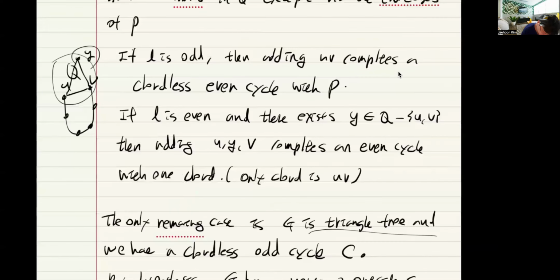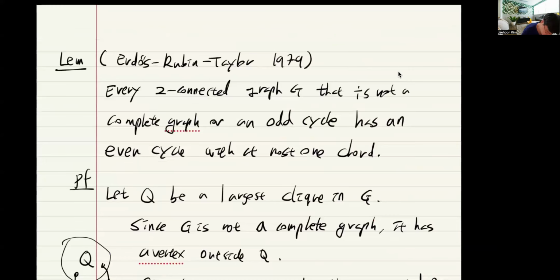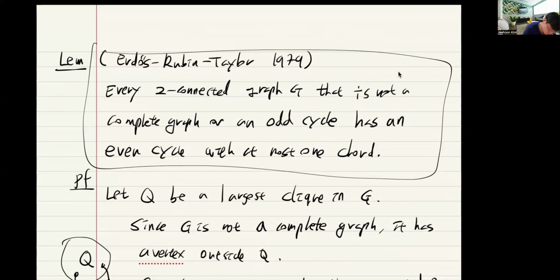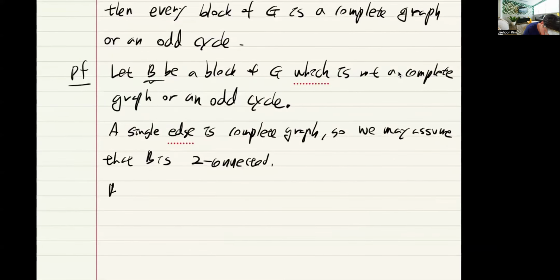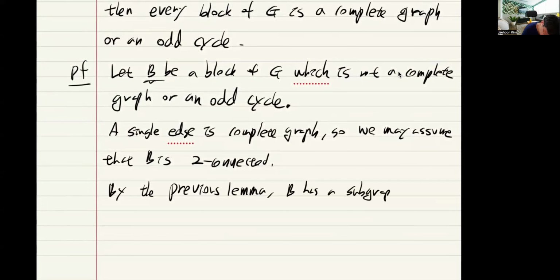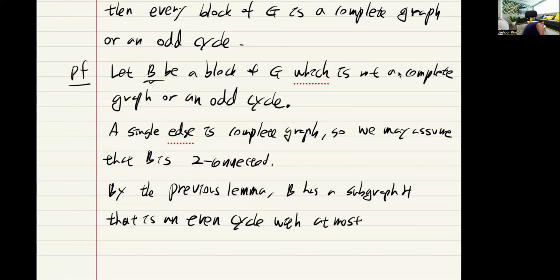And what was the previous theorem? The previous theorem says that a two-connected graph that is not a complete graph or an odd cycle has a subgraph H that is an even cycle with at most one chord.